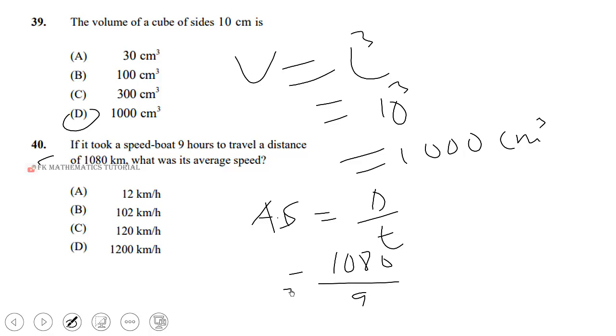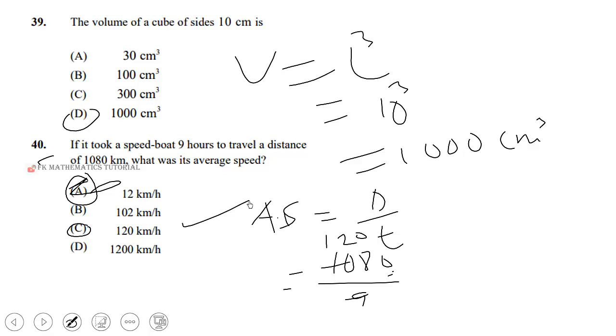Okay, so 9 goes into 10 how many times? 1. Carry 1, and that's 1 times plus 8 will be 18. So 9 into 18 is 2 times. So that will be 12, and that is not 12 because we have a 0 here, so 120. So that will be 120 kilometers per hour. The correct answer is option C.